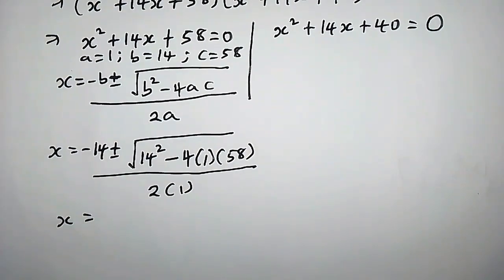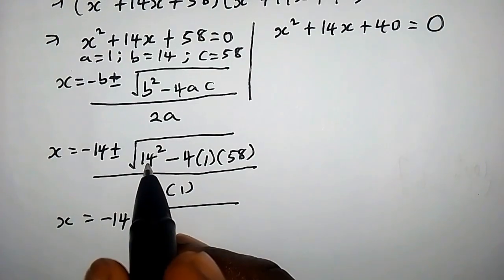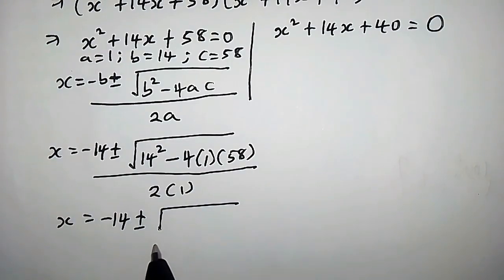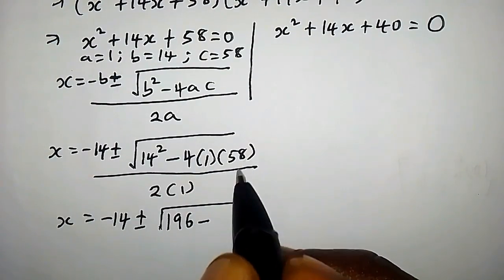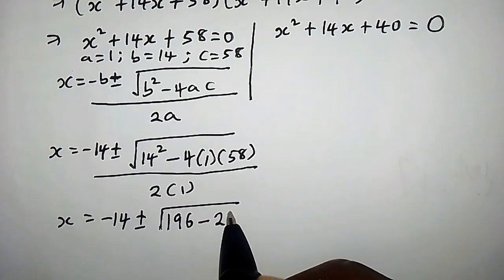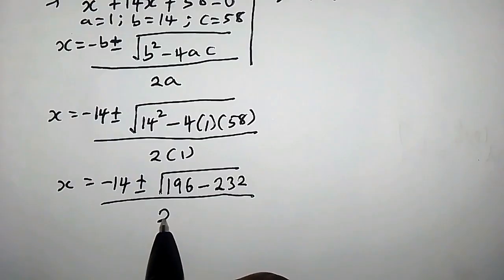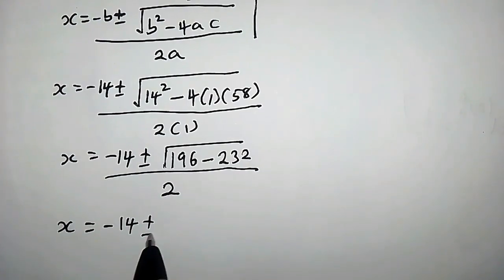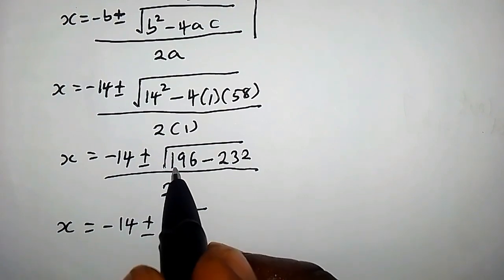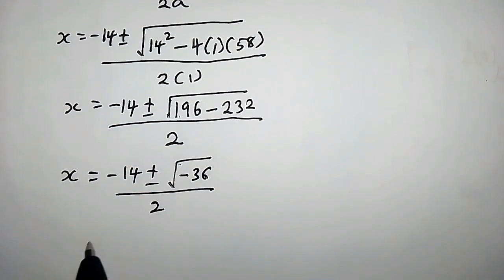x is equal to minus 14 plus or minus the square root of 14², that is 14 times 14, we have 196, minus 4 times 1 times 58, that is 232, everything divided by 2 times 1, that is simply 2. x is equal to minus 14 plus or minus the square root of 196 minus 232, that is negative 36, divided by 2.